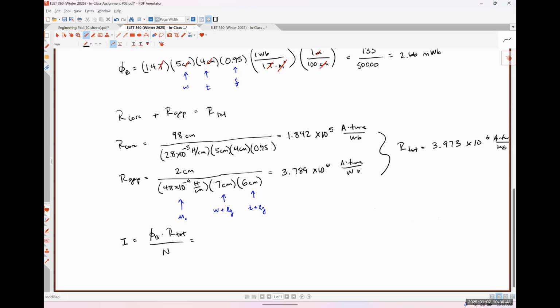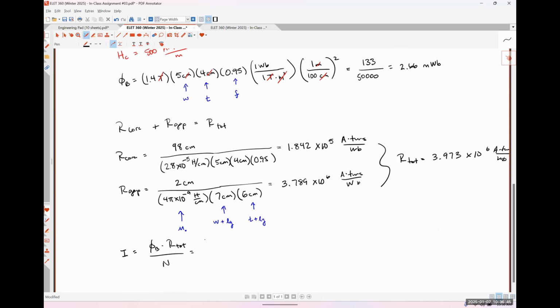So that is going to be 2.66 times 10 to the minus 3 Webers, because I had milliwebers. Our reluctance was 3.973 times 10 to the positive 6 amp turns per Weber, all divided by 100 turns.